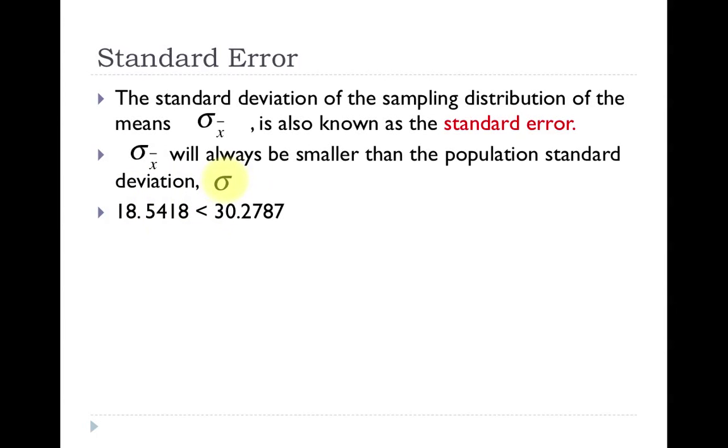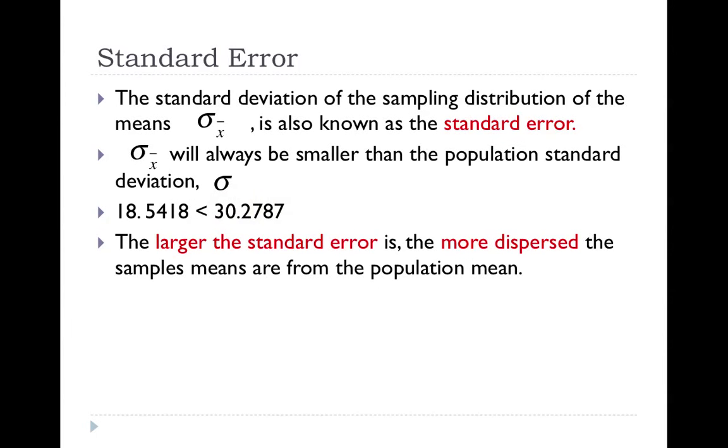The value that we got for the population standard deviation, when we put those 5 commuters into a list and looked at their population standard deviation, was 30.2787. So notice that our sigma x bar is less than sigma.